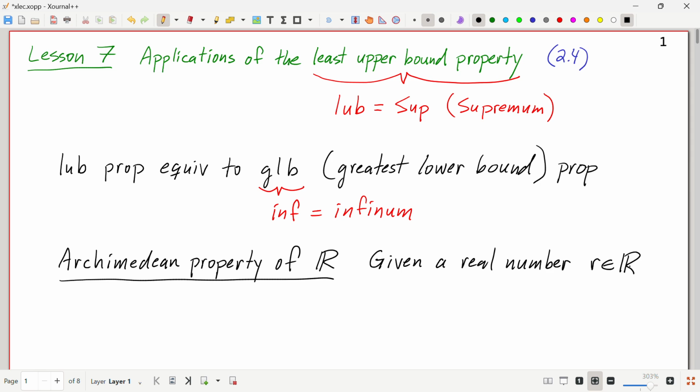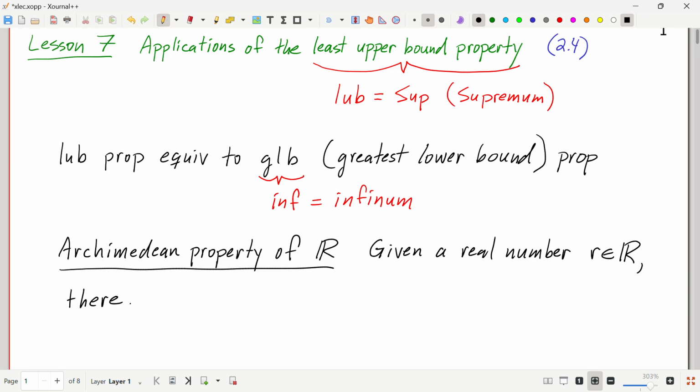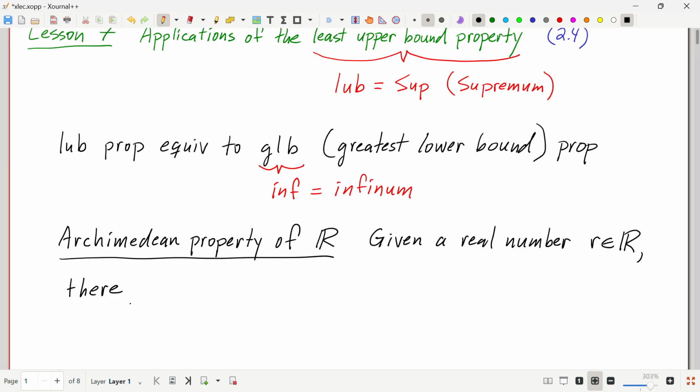So given a real number r, you can find an integer that's bigger than it. It's like, big wow. But Archimedes realized you've got to think about these things, and how would you demonstrate that in a way that makes sense to people? Turns out it's kind of a heavy concept, and it's related to the least upper bound property. I demonstrated the Archimedean property by deducing it from the least upper bound property last time. So it's not a trivial thing, even though it sounds trivial.